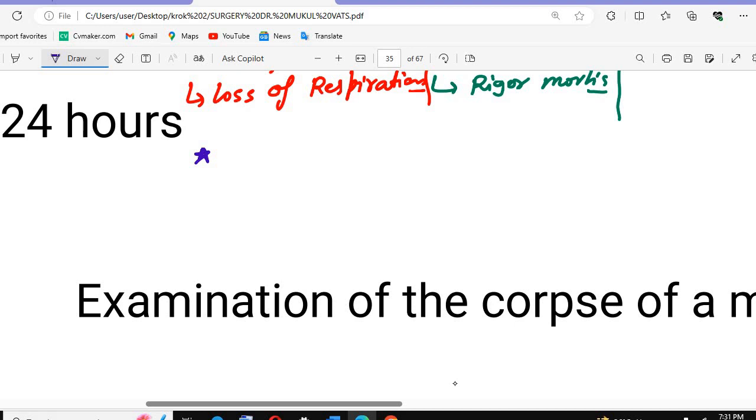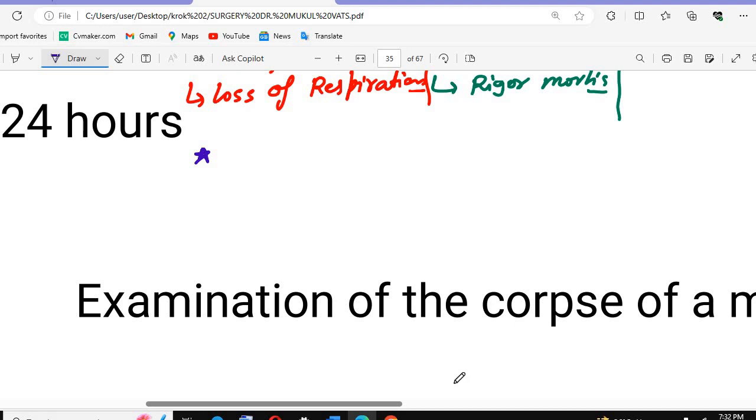The retina fragmentation will start, and the cornea will change from transparent to opaque. Cornea doesn't have blood supply, that's why it is transparent. But now the patient is dead, so there is fragmentation, due to which the cornea goes from transparent to opaque.